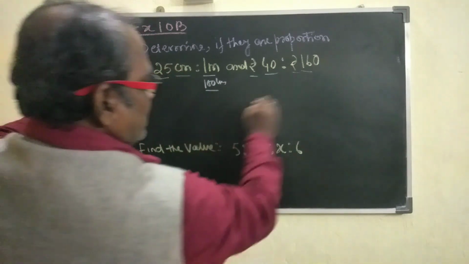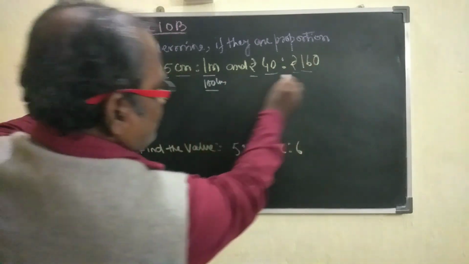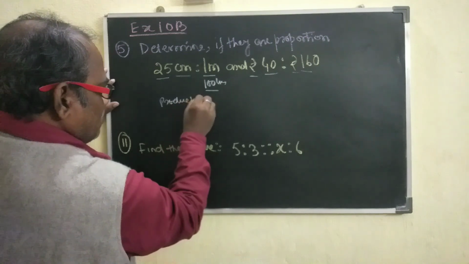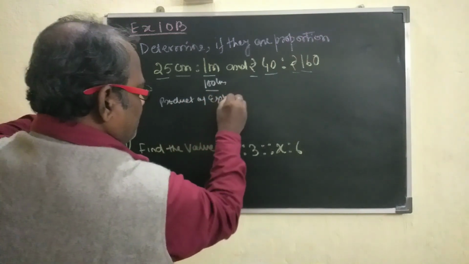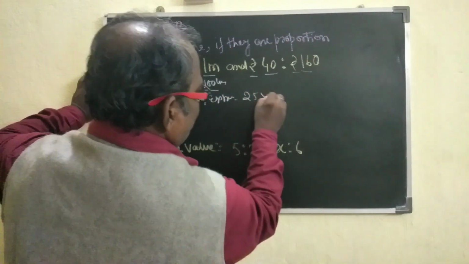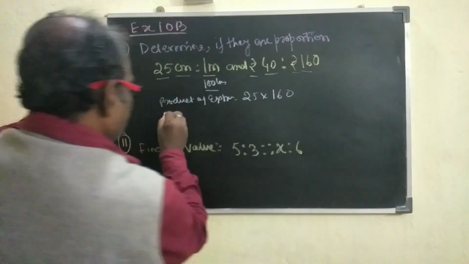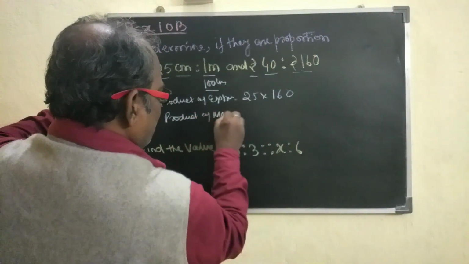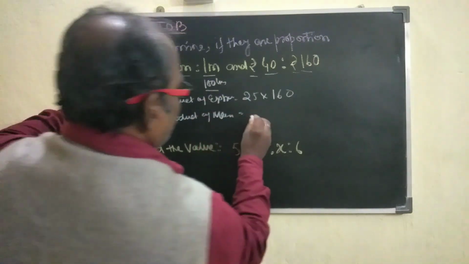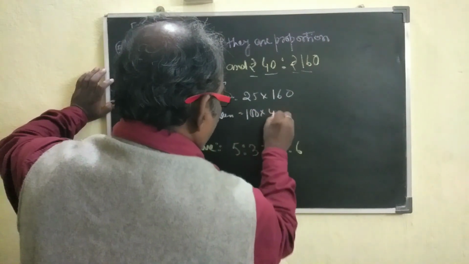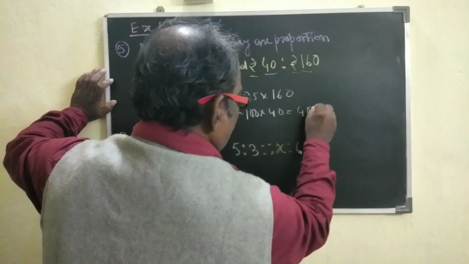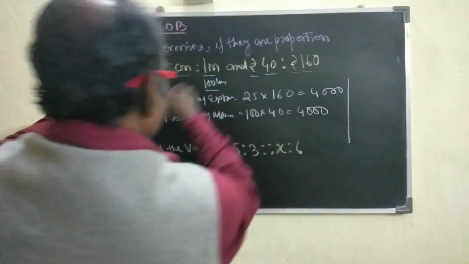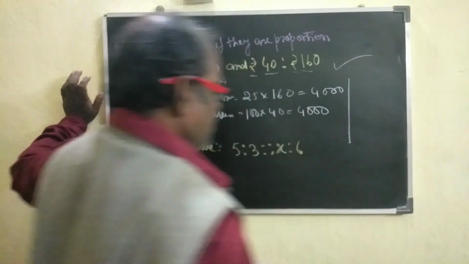The product of extremes is 25 into 160, and the product of means is 100 into 40, which equals 4000. It is also 4000. Hence they are in proportion.